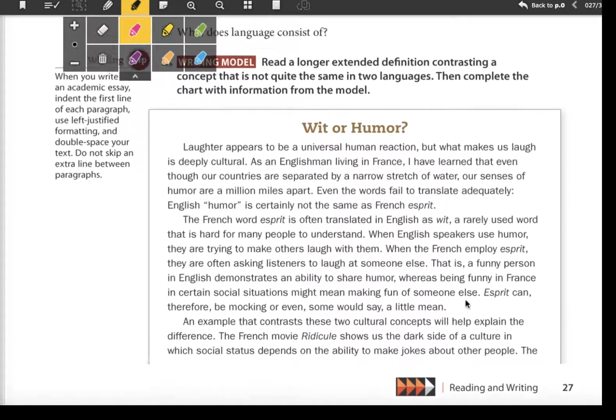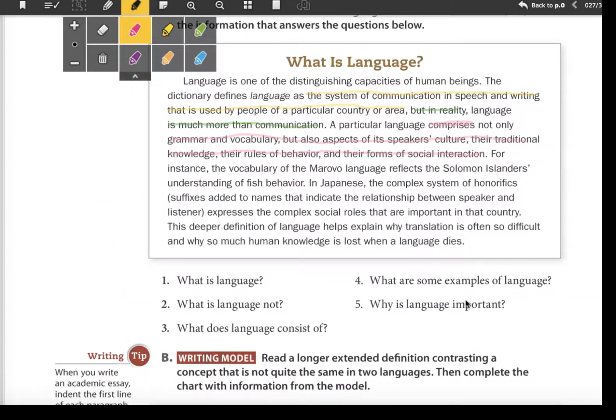So coming back here, this is what it consists of. It consists of culture, traditional knowledge, rules of behavior, and forms of social interaction. So if I was going to make a chart for it, I would put that under what does language consist of. There's something else here I want to show you. It also said not only.